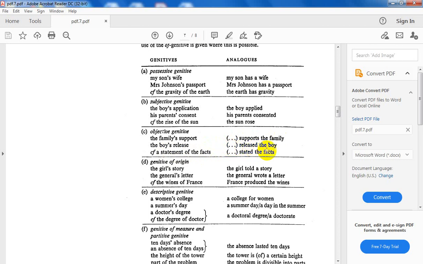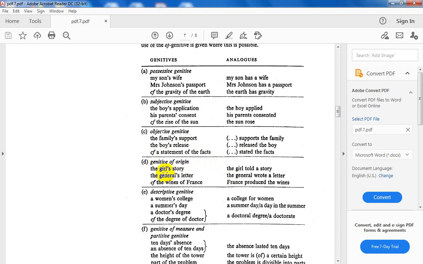Someone released the boy. Here, family and boy refer to persons, to humans, so I add the S genitive. But when I say a statement of the facts, both statement and facts are non-human. So I say what? Of, not S.